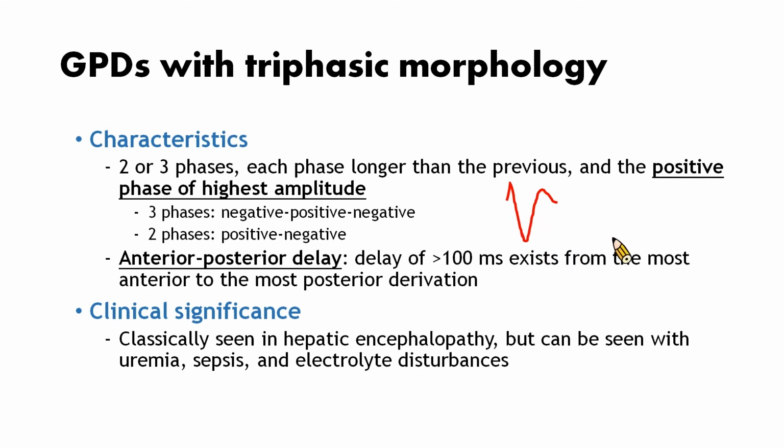And there is usually an anterior-posterior delay, which means a delay of more than 100 milliseconds from the most anterior to the most posterior derivation. They are classically seen in hepatic encephalopathy, but they can be seen with uremia, sepsis, and electrolyte disturbance too.